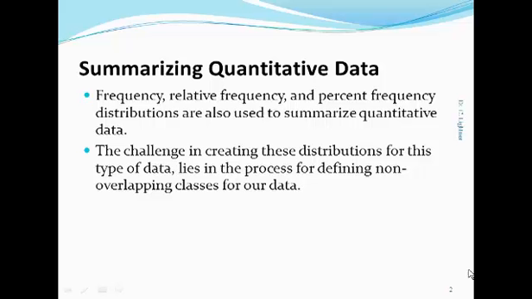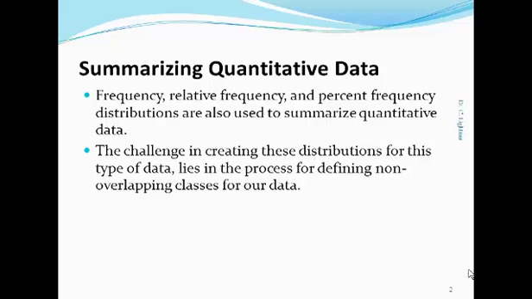On the other hand, if we defined our classes using too few classes, this would also not be useful. For instance, if we defined one class as all grades ranging from 0 to 50, and the other class for grades above 50 up to 100, hopefully the majority of our grades would fall in the latter class.